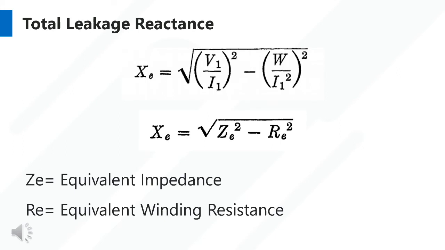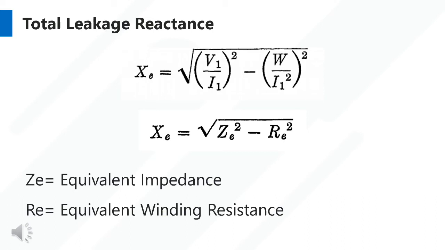So, yung total leakage reactance natin is equal to the square root of equivalent impedance squared minus equivalent winding resistance squared. So, madali lang naman tong short circuit test na to kasi ma-substitute lang tayo sa mga formula. So, dito, pag meron ka ng equivalent impedance and equivalent winding resistance, hindi ka na mahihirapan pa. So, yun talaga yung unang kukunin bago tong total leakage reactance.